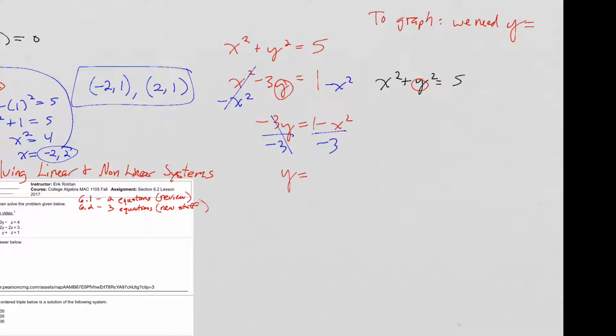So 1 minus x squared divided by negative 3. Okay, so you can type this into your y1, for example.